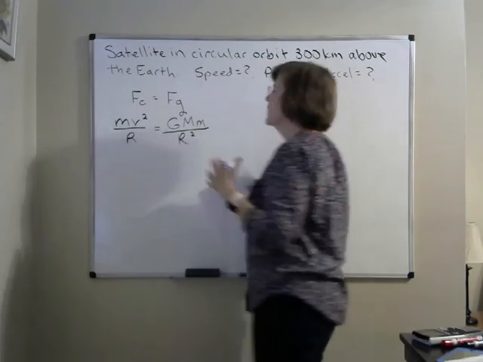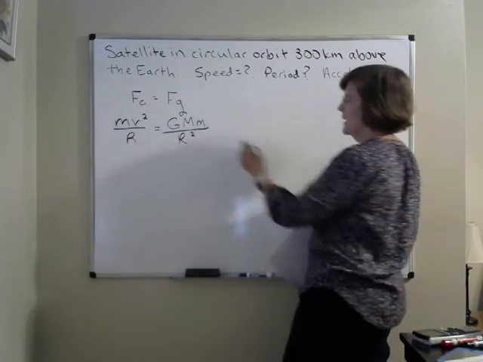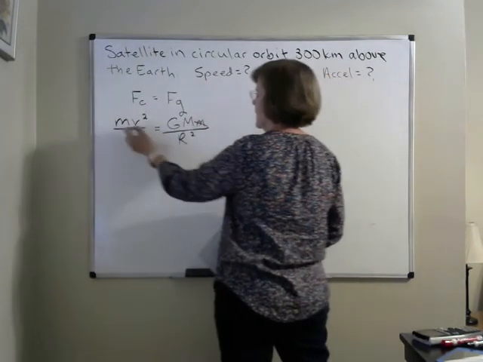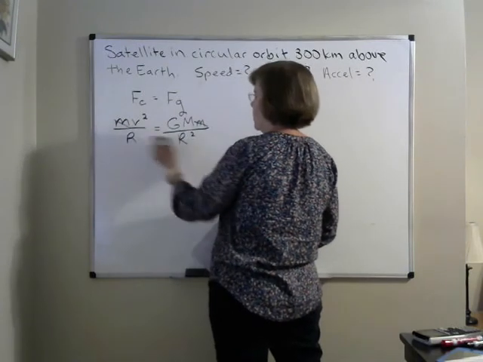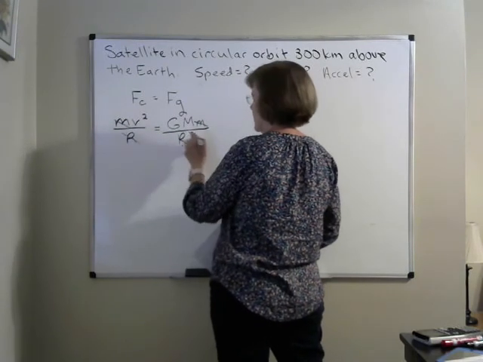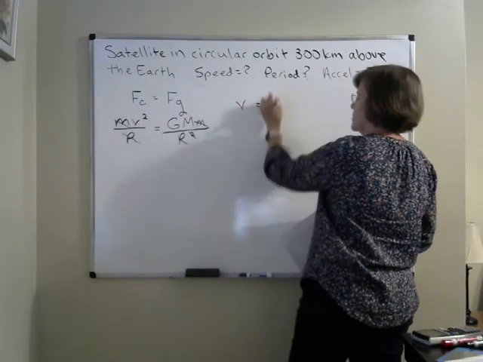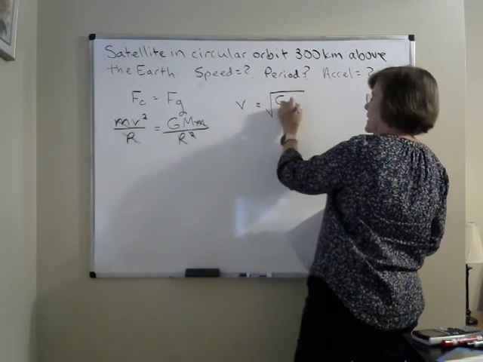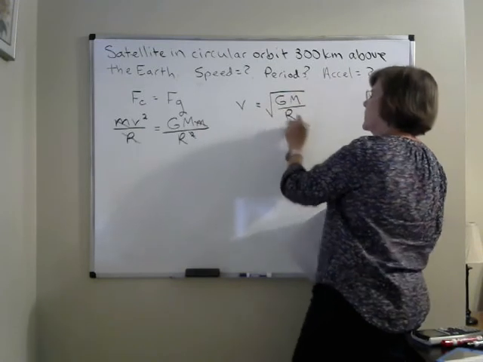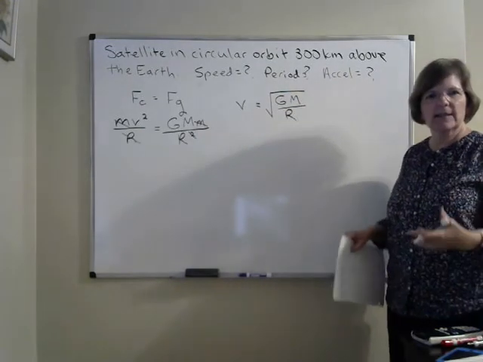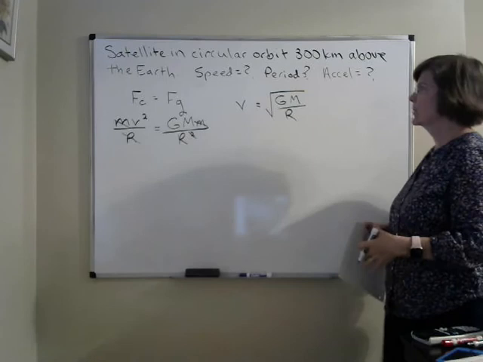And then I go, oh, that's right, the mass of the satellite's not important. And one of the r's cancels out. And the speed of the satellite will just be the square root of GM over r. We already had found that previously, but it's just good practice to work through.